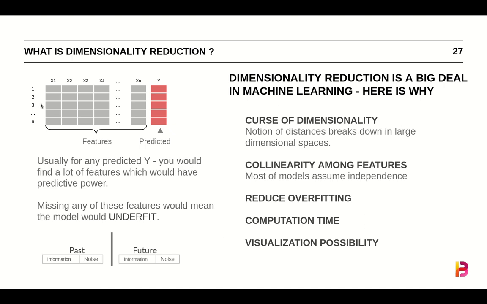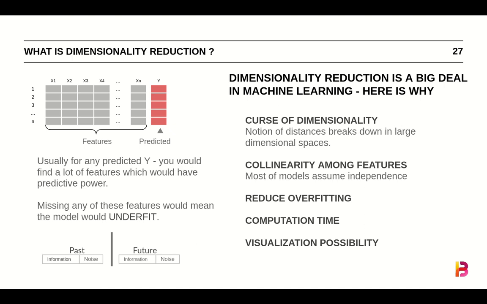So imagine a data set in this form where one of the columns would be the target column, also known as the labeled column, the column which we are trying to predict, and the rest of the columns would be features. Now, ideally, if these features have some predictive power, we would want to have as many features as possible for our algorithms to try to understand.